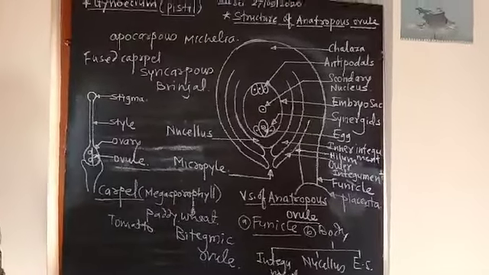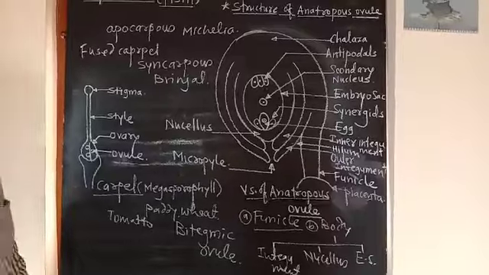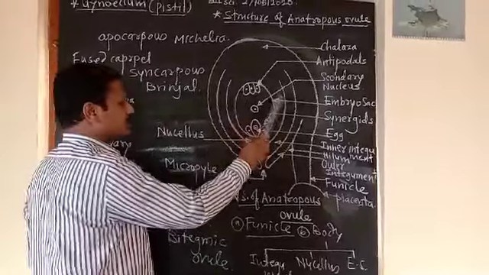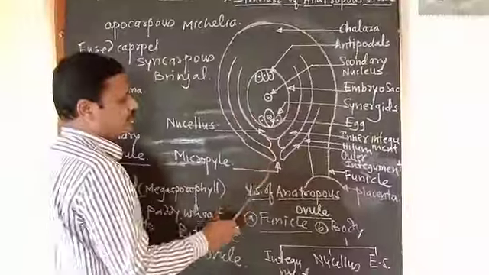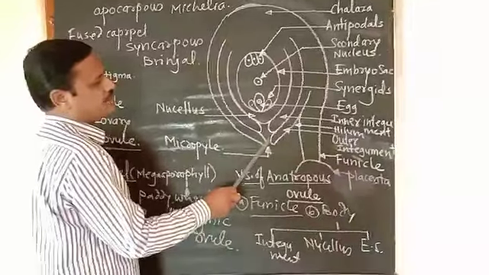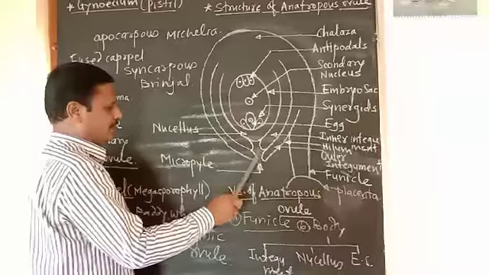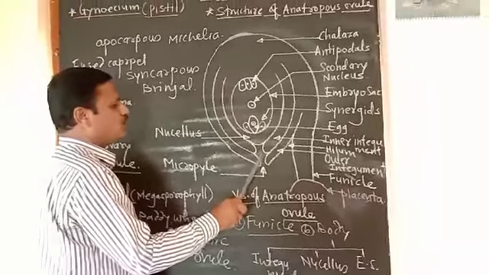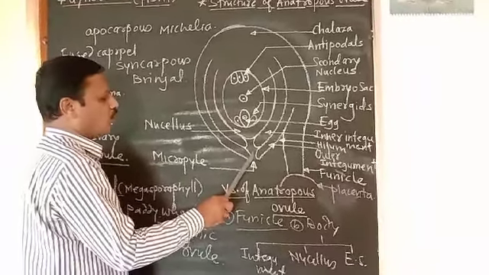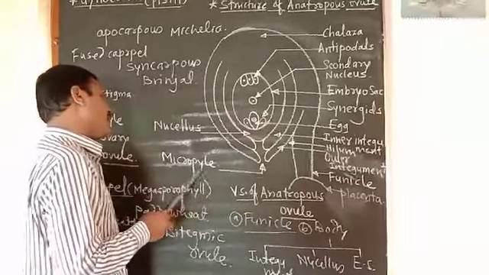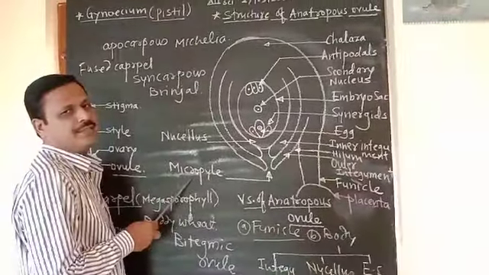The two integuments surround the ovule, leaving a small pore towards the apex of the ovule called the micropyle.